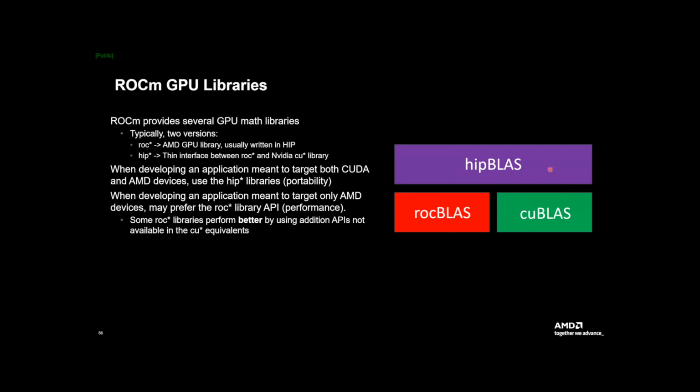If our device is NVIDIA, it will call cuBLAS. This is the portability. When the library starts with roc, it's for AMD GPU, and when it's like hip, it's an interface between ROC and CUDA. So when you are coding with HIP libraries, you know that you support both.